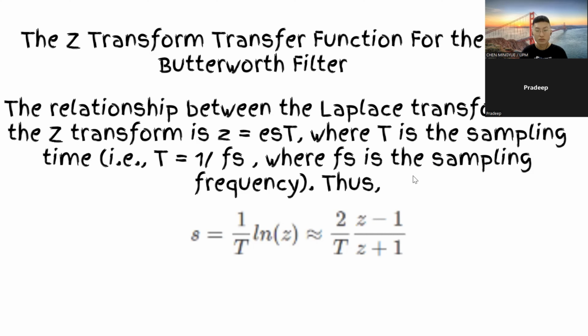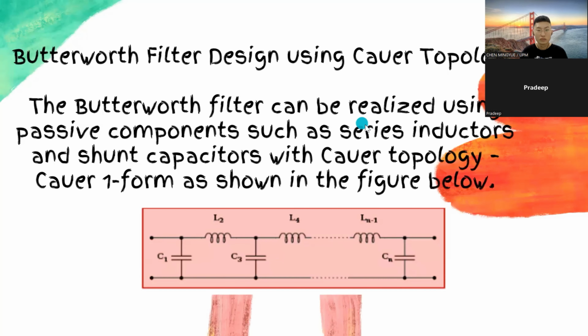Thus, according to this formula, s equals 1 over T ln Z, which is approximately 2 over T times (Z minus 1) over (Z plus 1).